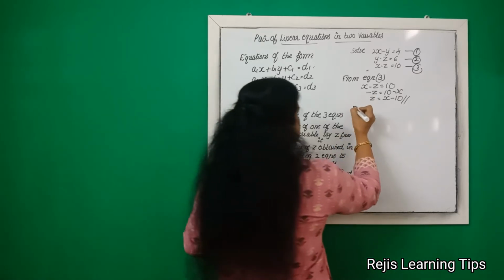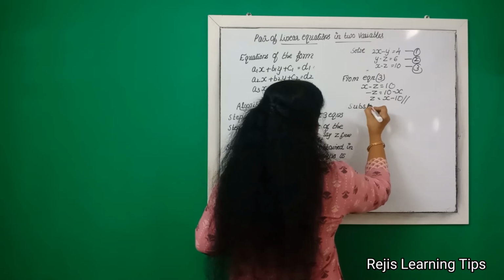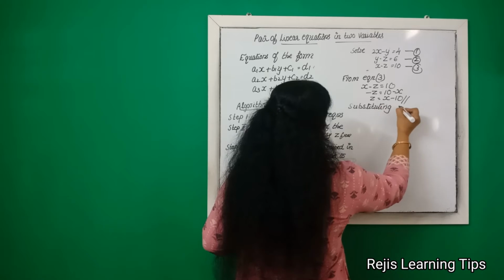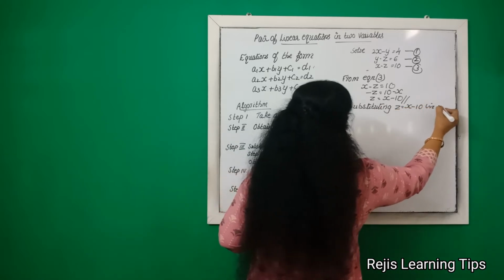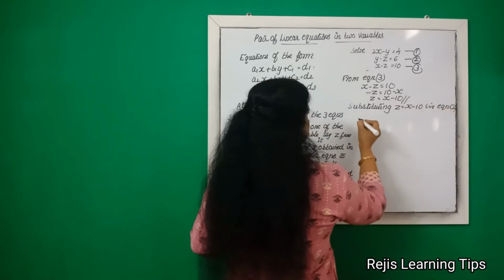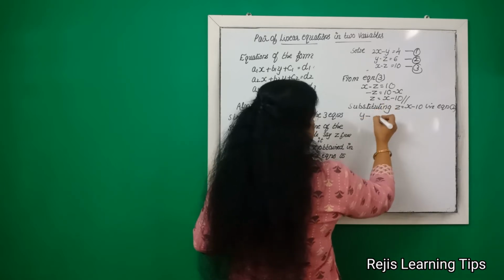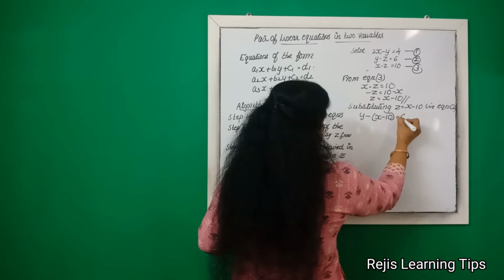In equation 2 we get y minus z, that is x minus 10, that is equal to 6.